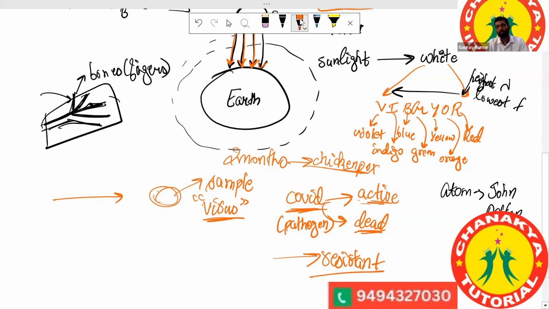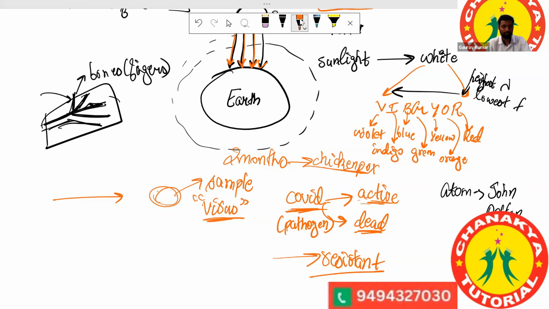So if you get the COVID virus from your surroundings, your blood will fight this virus and will not allow it to spread across your whole body. So this is how vaccines work.